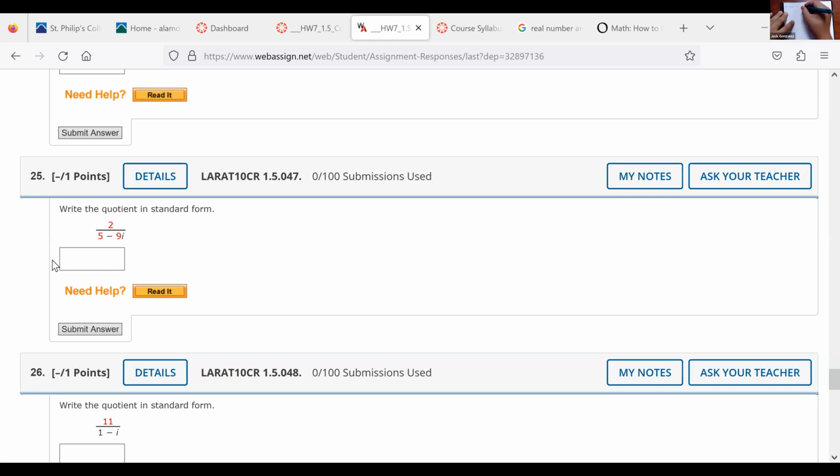Let me write down the question and I'll switch over. Write the quotient in standard form.